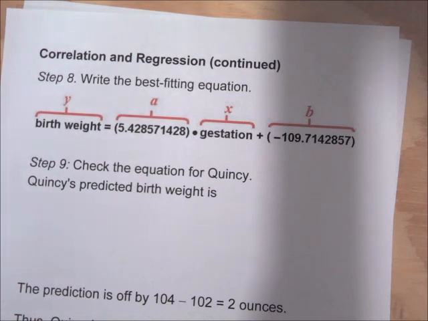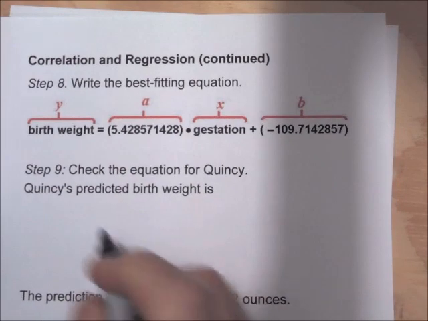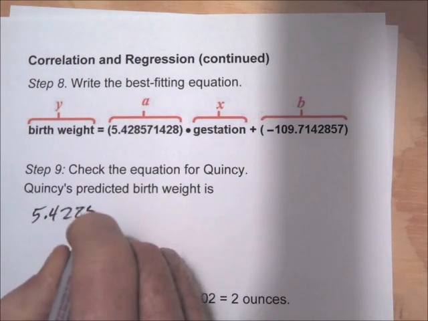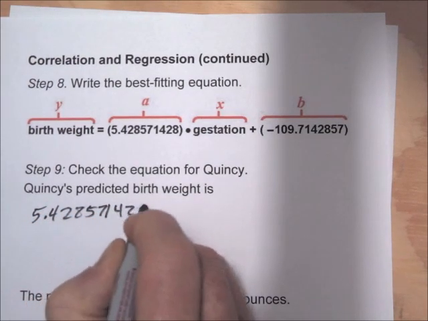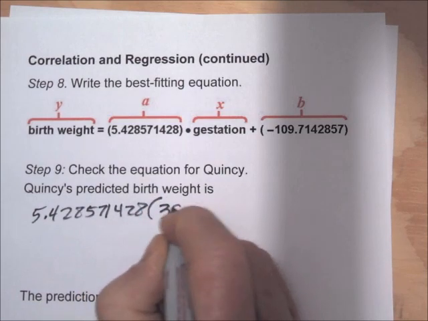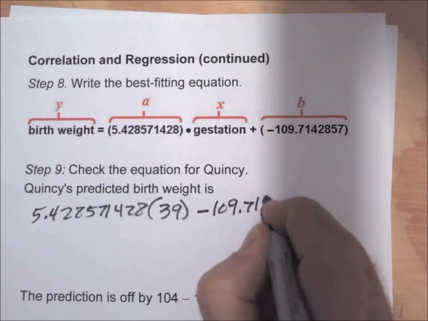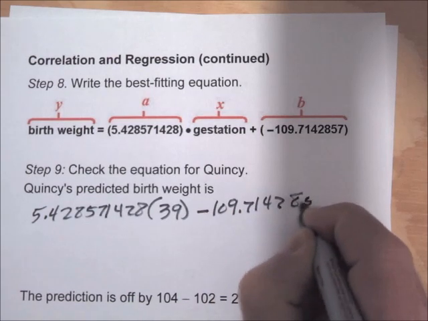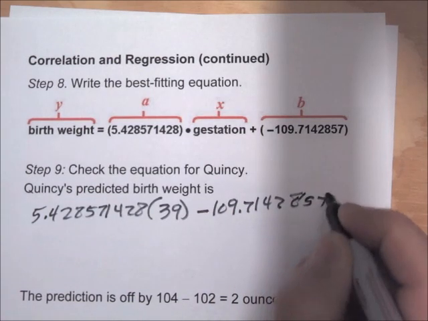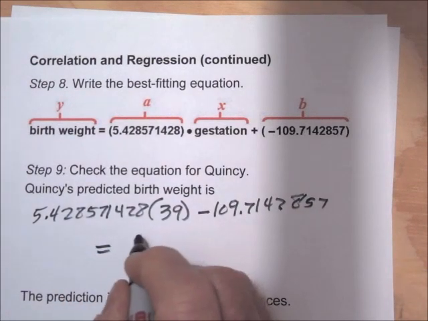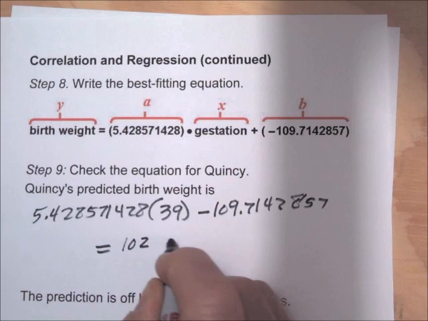And if we use this equation to predict Quincy's birth weight, Quincy was born after 39 weeks, so that's going to be 5.428571428 times 39 minus 109.7142857, and that should come out to be 102 ounces.